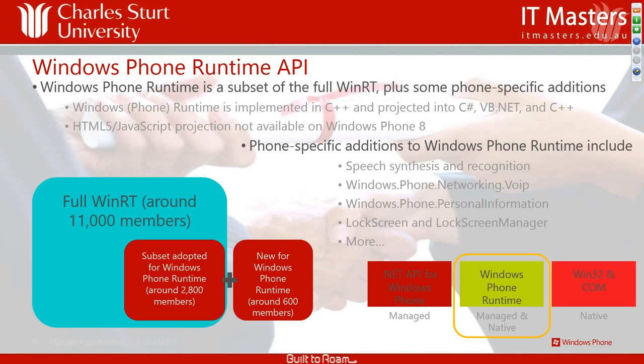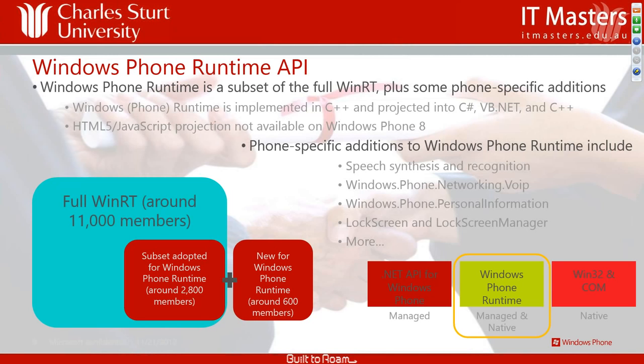Currently, there is no support for the HTML5 JavaScript projection that's currently available for Windows 8 developers, which means that you can't build a dedicated, component application using those technologies. There are some workarounds similar to the model used by something like PhoneGap, where you essentially have a native or a managed wrapper for your application, and then you can host a web browser control to actually render the HTML and JavaScript.